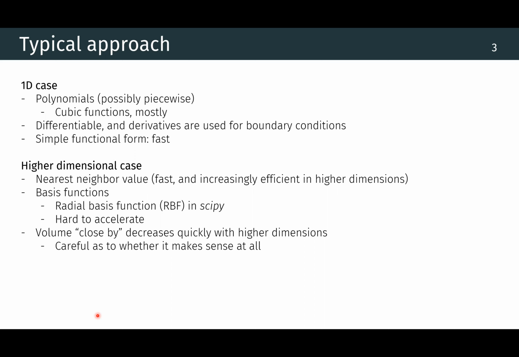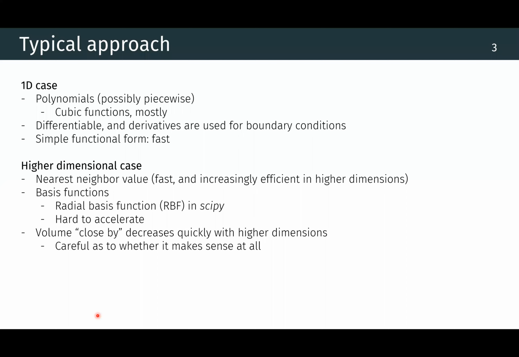So the main question is, if you do the interpolation in significantly more than 3 dimensions, you might want to carefully check whether this makes sense at all from the function that you have, because if the volume that one point represents in this high-dimensional space is so small that your typical query point would be far away, then it makes no sense to interpolate, because the underlying function could have done anything in that small additional distance. So interpolation in higher dimensions is tricky.